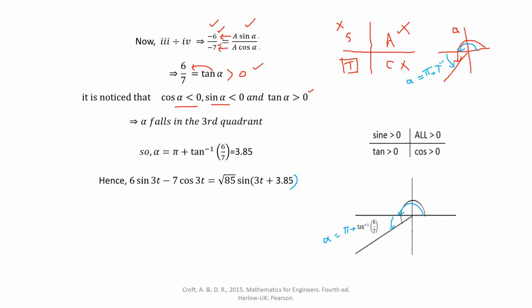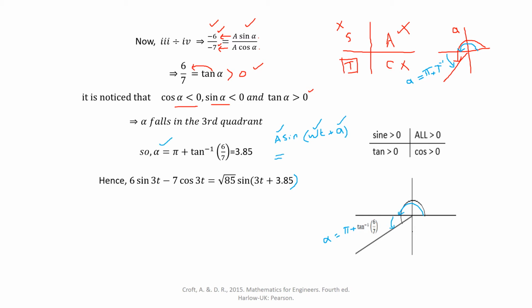We started from A sine of omega t plus alpha, and this is the requirement. Now amplitude is in our hand, omega was given in the question, and alpha we just calculated here. So after plugging in this value, that will be our final.